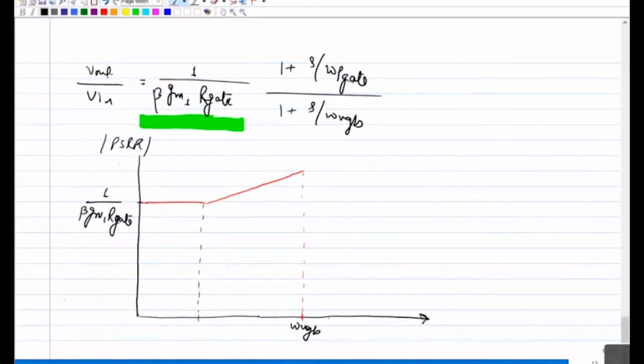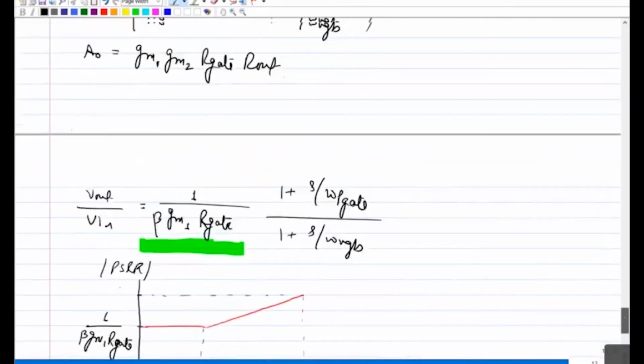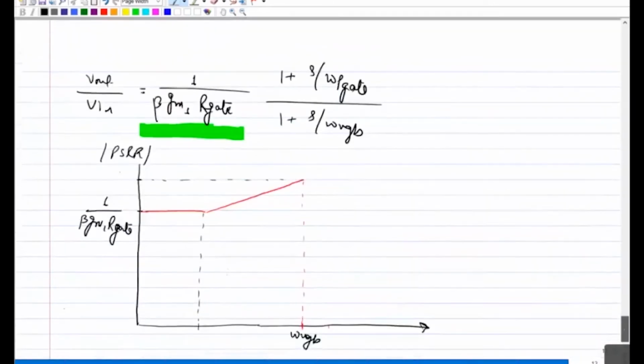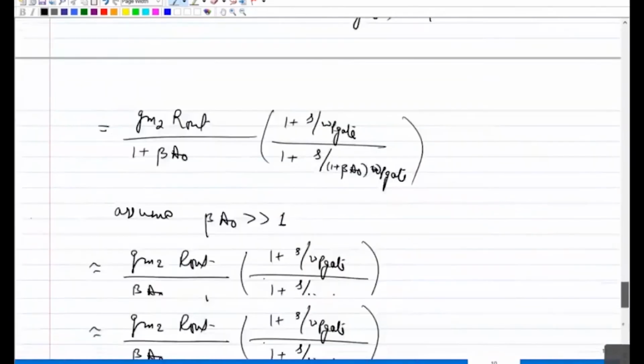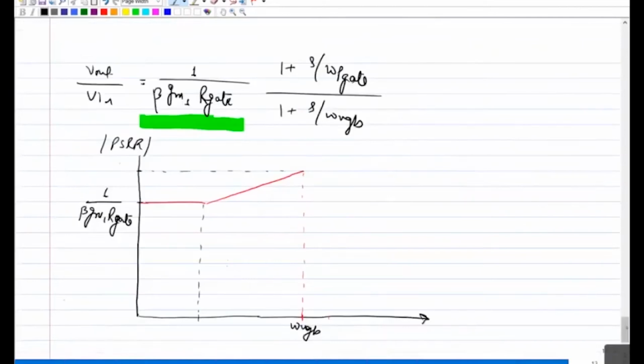So where will it go? What will be the gain? The gain at UGB. Can we detail what will be the gain at UGB?